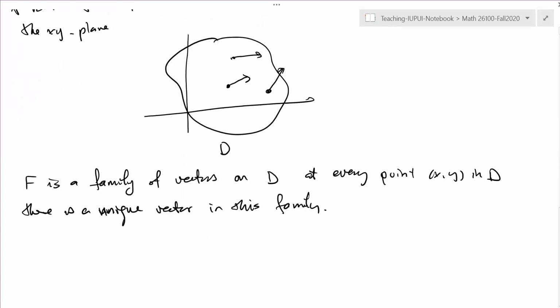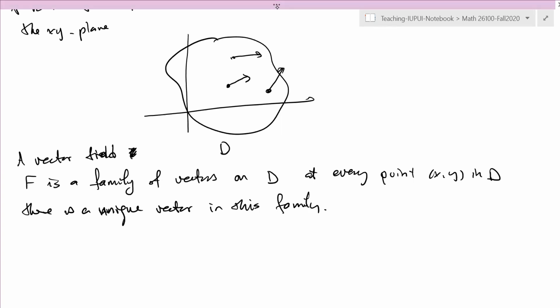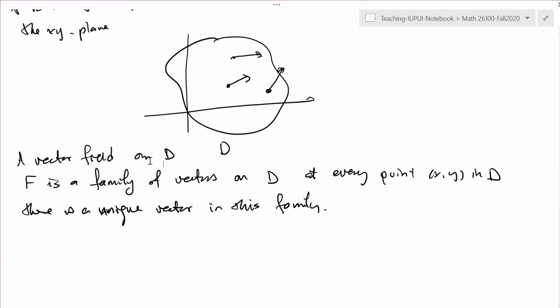So basically what I'm trying to say is that a vector field F is actually just a family of vectors on D. At every point x, y in D, there's a vector, and this is denoted by F(x, y) in this family.